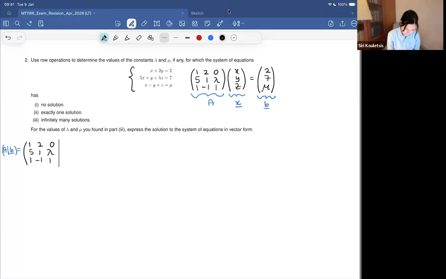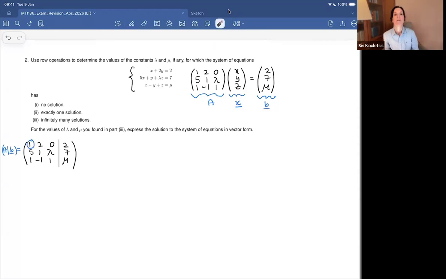We can separate out the right-hand side b here with a line. Okay, so I have a so-called leading 1 here in the first row. I want to make zeros below that leading 1.